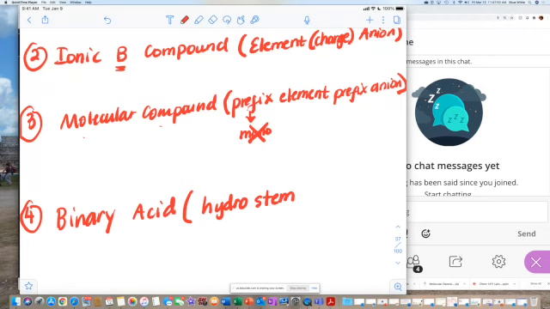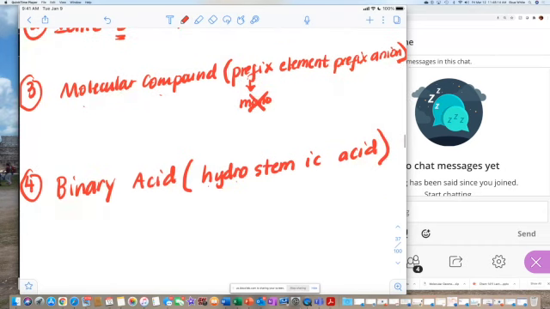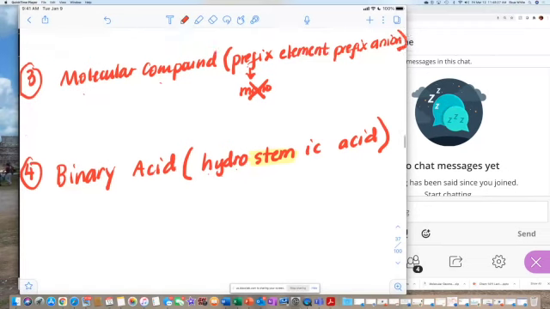So every binary acid begins with the term hydro, like hydrochloric acid, the acid we currently have in our stomach that is digesting the food we had this morning. Hopefully we had breakfast, right? So hydrochlor, and then ic, and then the word acid. In naming this, the stem part is the part that's different based on what non-metal you have in the formula. So once again, we'll get into that.